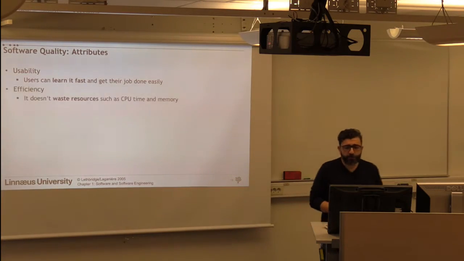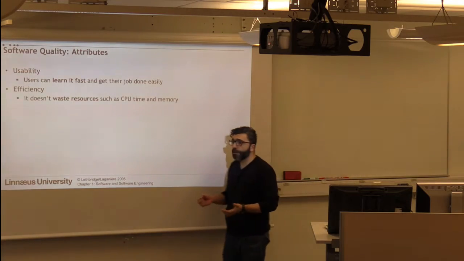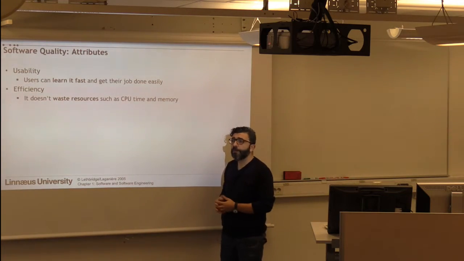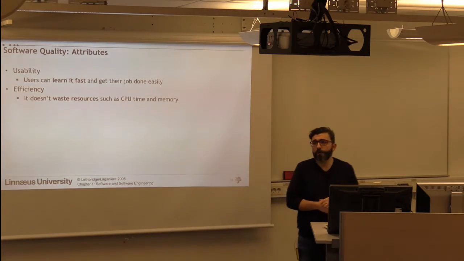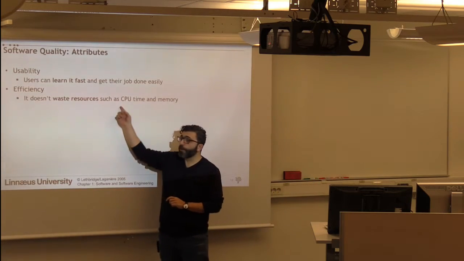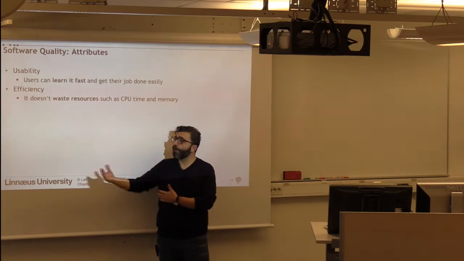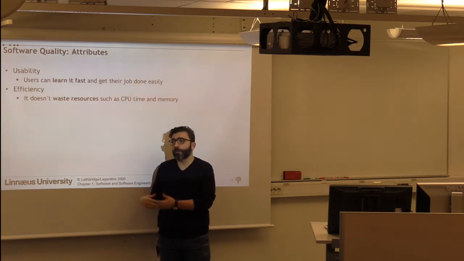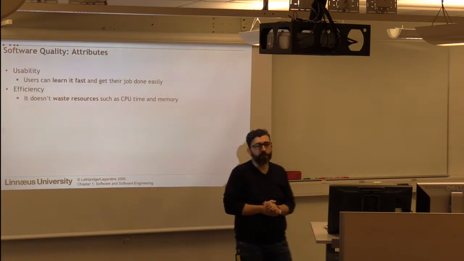Then we have the efficiency, okay? Does the software waste resources such as CPU time, memory, or space on your hard drive, and so on and so forth? The more CPU your software is using, the more powerful the machine that will run the software should be.